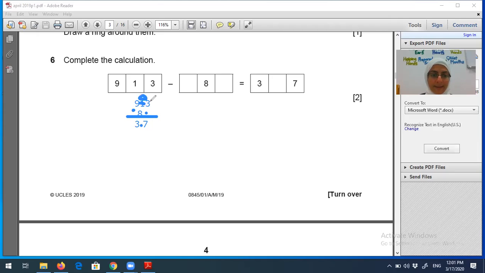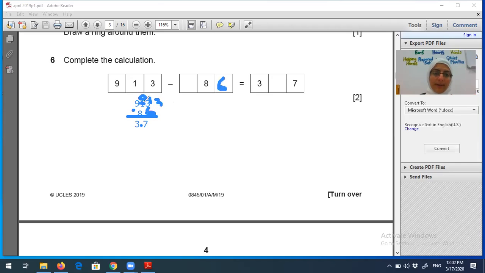And this will be 13. 13 minus what gives you a 7, guys? If you make 13 minus 7, what would be the answer? Simply the answer is 6. So the answer here will be 6. So 13 minus 6 is 7? Yes. So this is the first answer.